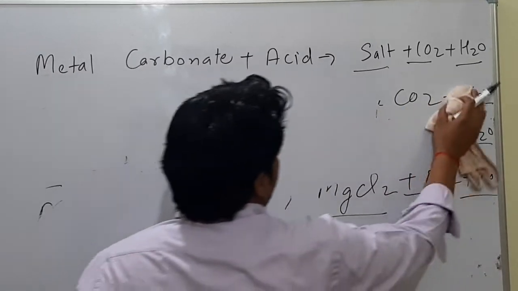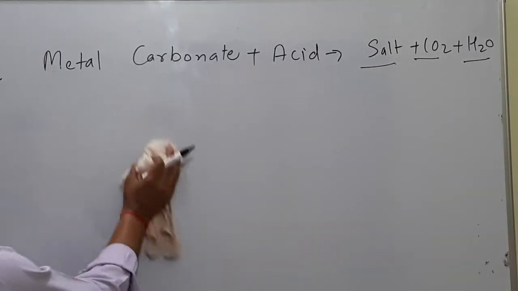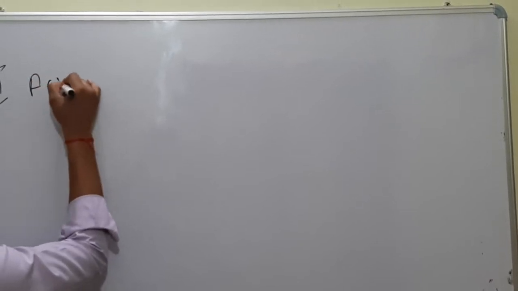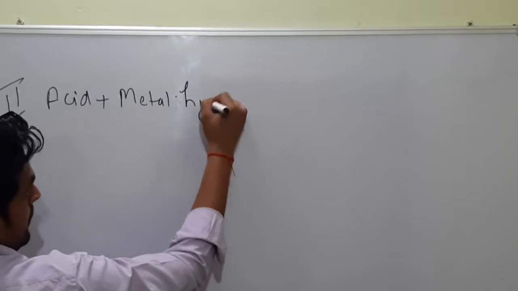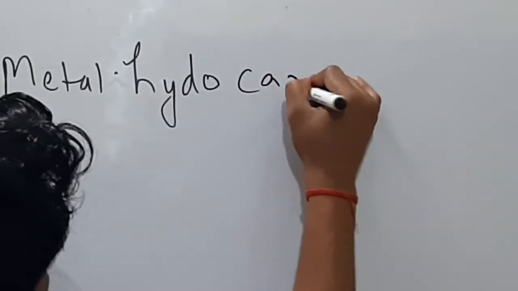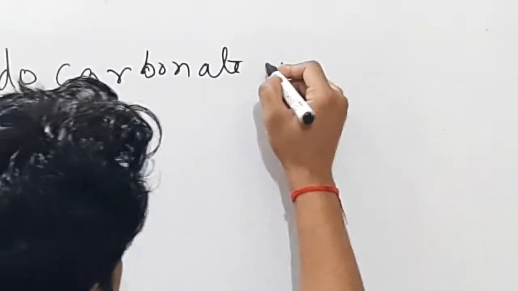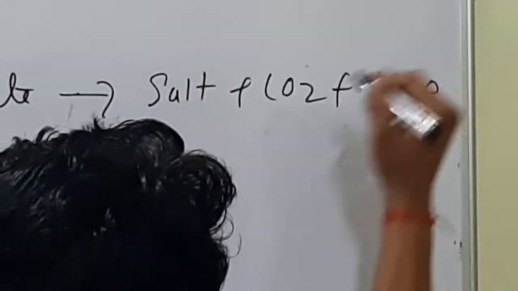When an acid reacts with metal hydrogen carbonate, it always forms salt, CO2 plus H2O.